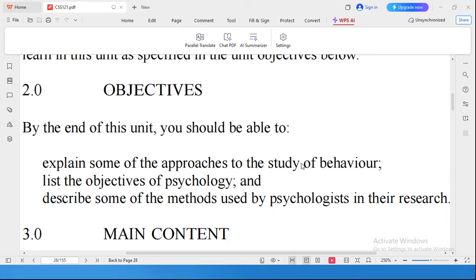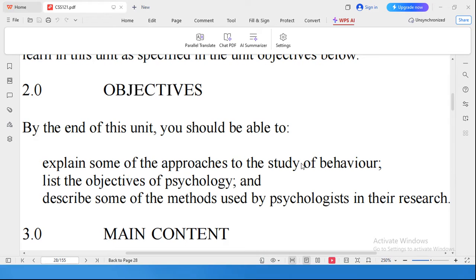In Unit 1, we discussed what psychology is, and we saw that it is the scientific study of human and animal behavior. Now, a big question arises. How exactly do psychologists study behavior? Is there only one way?